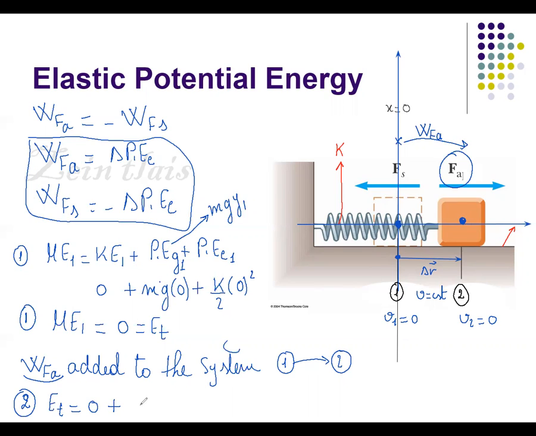We don't have height, so the potential energy G equals 0, but we have x at this position. So here we have an elastic potential energy PE2. This is the total energy. So what is the conclusion at this point?